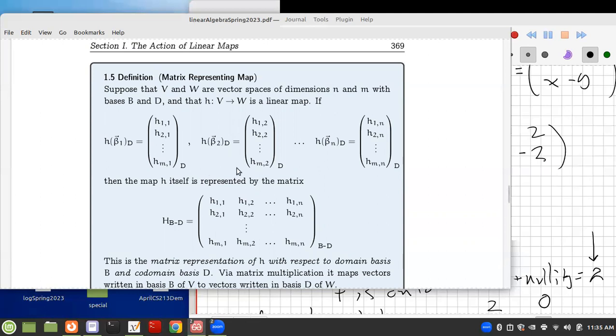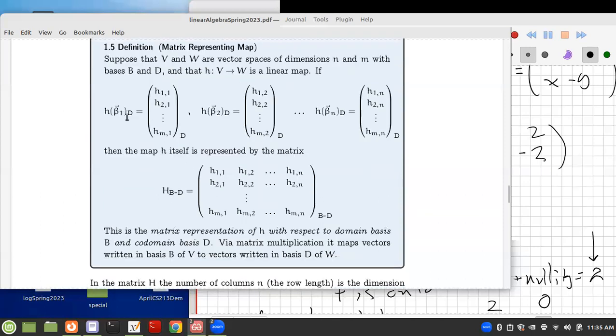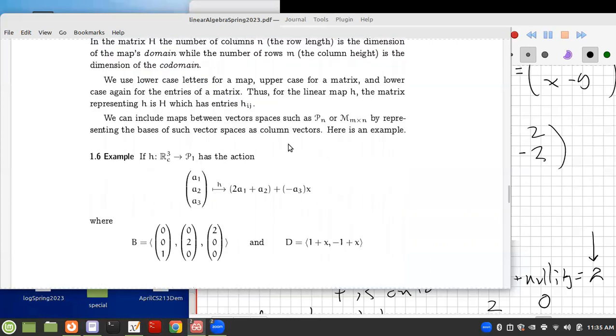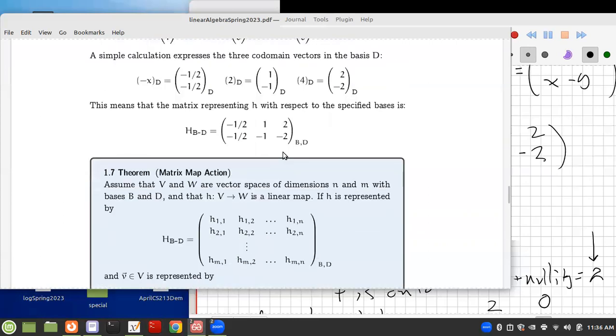The image of the second vector is the second column. So the matrix that represents the map H in bases B and D is the matrix of these images of the basis action. Apart from this issue of the bases, this is exactly what we had before. If these are the standard bases, then it works simply. Okay, so there are lots of examples.